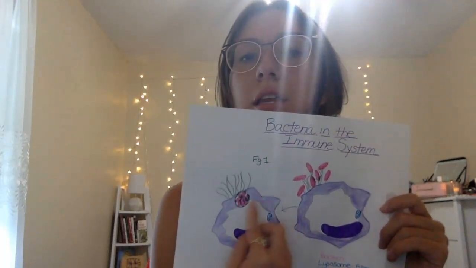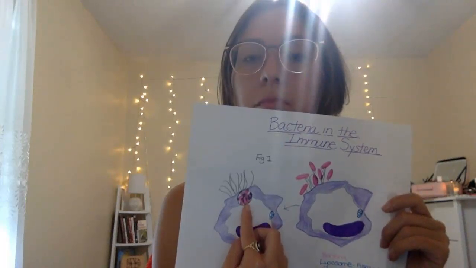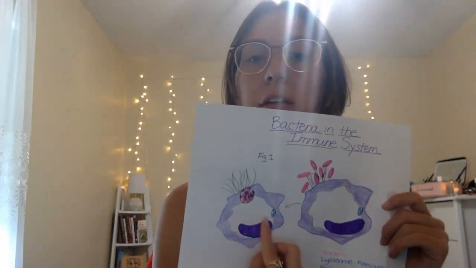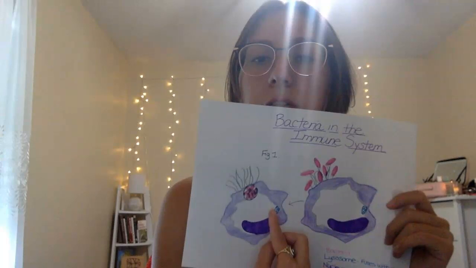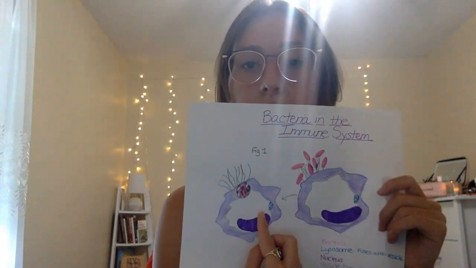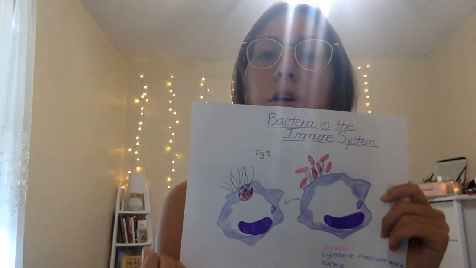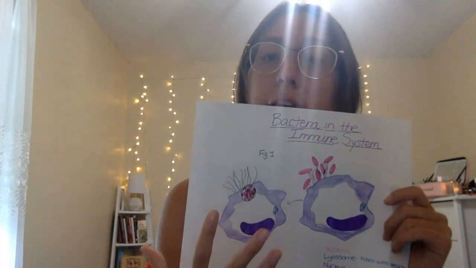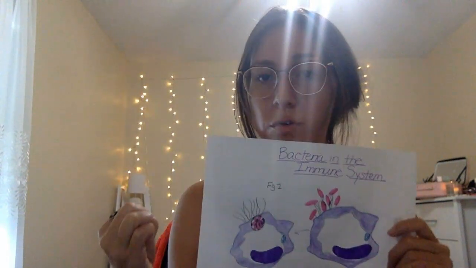Once the bacteria are in this vesicle, you're going to have these things down here in the blue, which are called lysosomes. These lysosomes contain digestive enzymes that will help to break down this bacteria. In order for this to happen, the vesicle and the lysosome are going to fuse together.